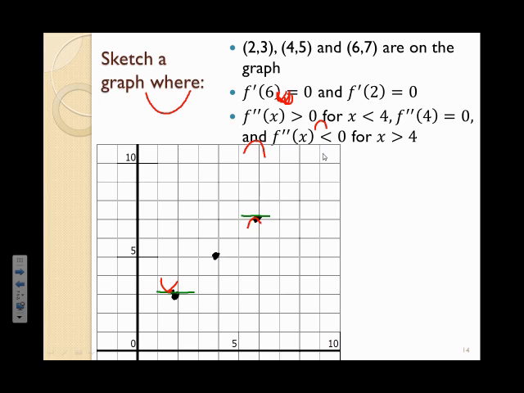So we can graph this. If we have a point of inflection at x is equal to 4, we could start at this point and realize it's going to come down to here. Now, as we draw this, it's usually going to be reflective through the point of inflection. It's going to be reflexive on the point of inflection, and that means it's going to be kind of a mirror image.